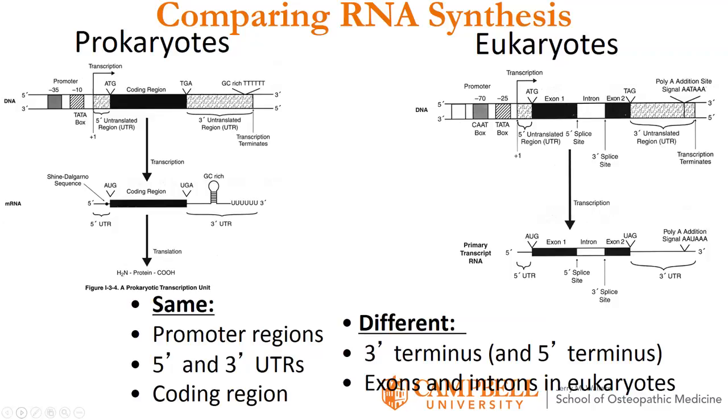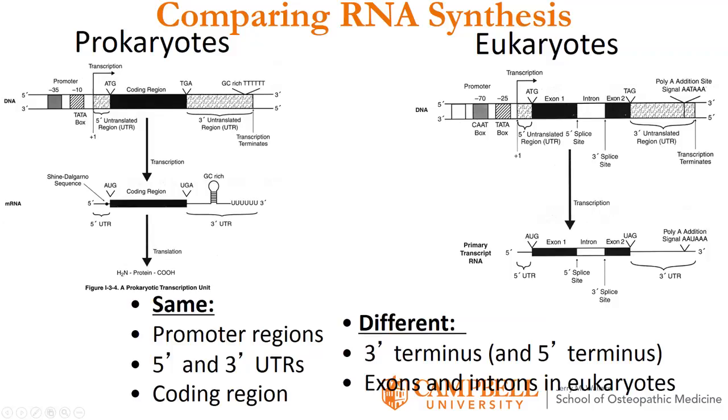So here is a comparison. This is for you guys to visualize what's going on. We've already looked over here, and you have promoter regions, 5' and 3' untranslated regions. I'll explain what those do later. Coding regions, those are common to both. What you'll notice in eukaryotes, you have this poly-A addition site.